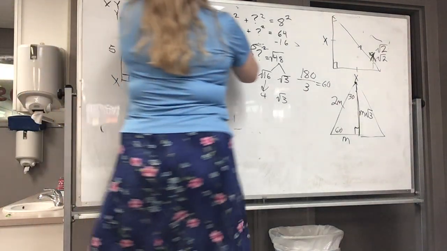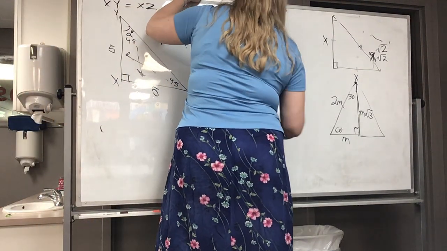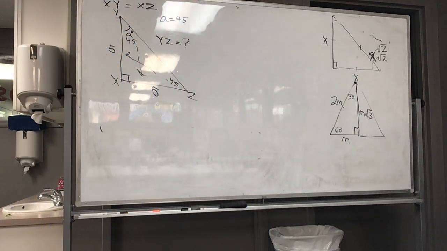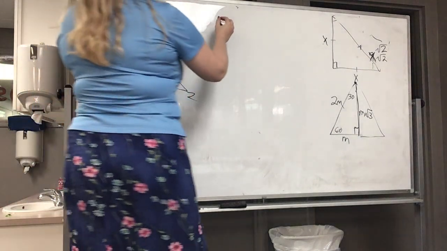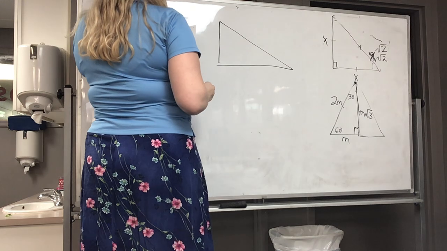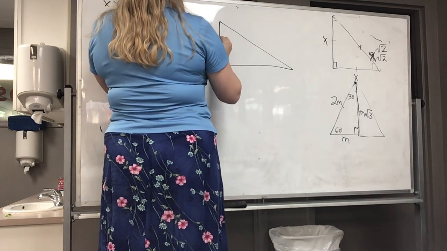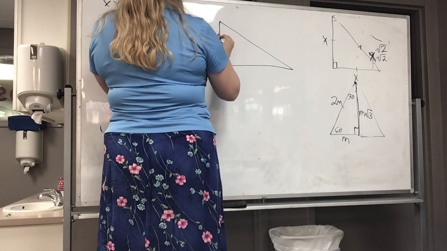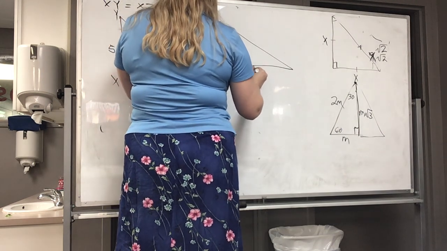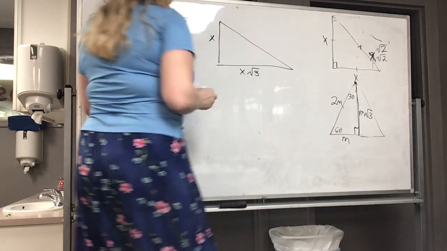So, again, a problem that uses that relationship. This says that this is x and this is x times the square root of 3.